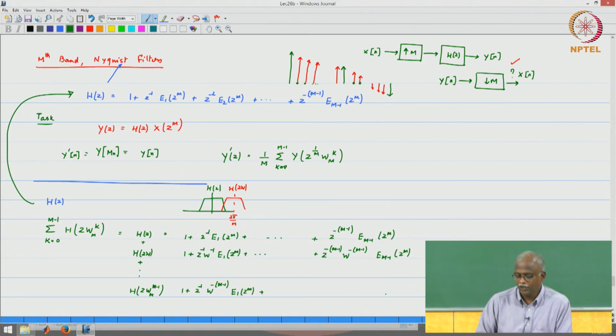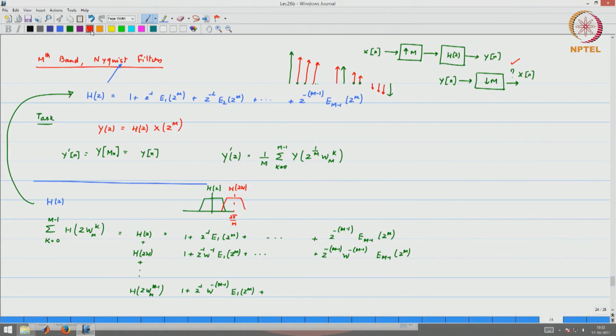plus dot dot dot. I will just take the first equation, and so I have to add all of these. If I add this vector, I get m, because all of them are plus 1s. Now, if I add the next column, notice I have E1 z power m z inverse as common, and then what I will have inside.